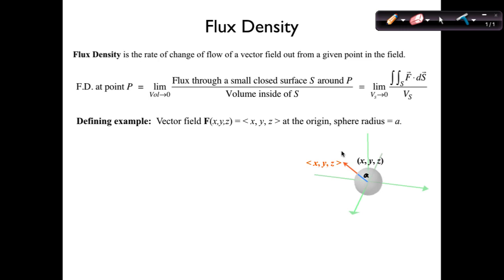Because if you're just taking the coordinates of x, y, z on the sphere, well, then the vector starting there, being the vector x, y, z, is just going to have the same magnitude as the radius of the sphere, A. So we say the magnitude of F equals A. That's equals, not less than.